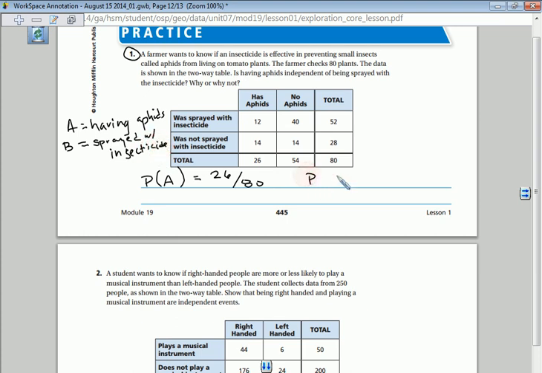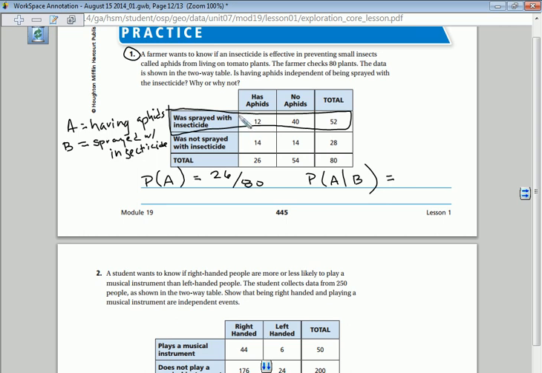Okay, so what is the probability of A given B? Given B means we're only looking at this column, that row, doesn't it? So, what is the probability of A given B?